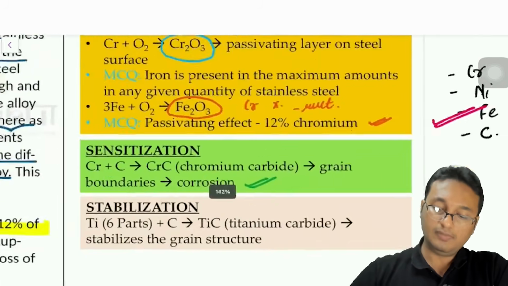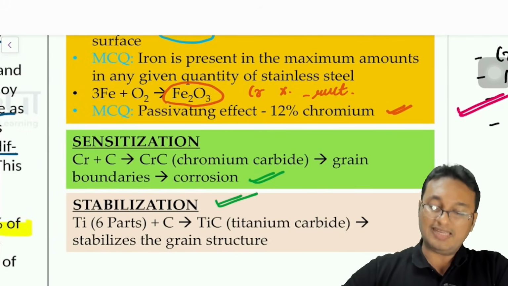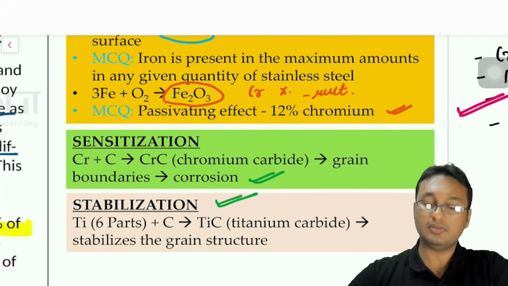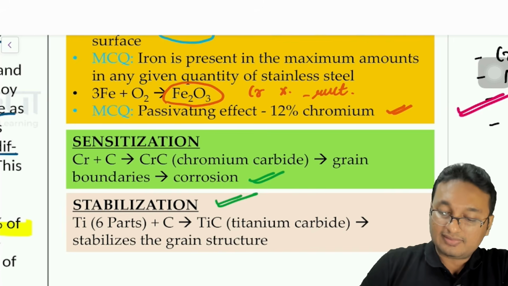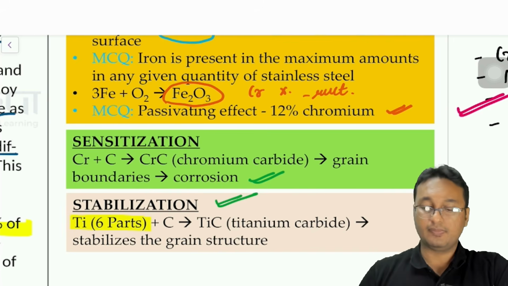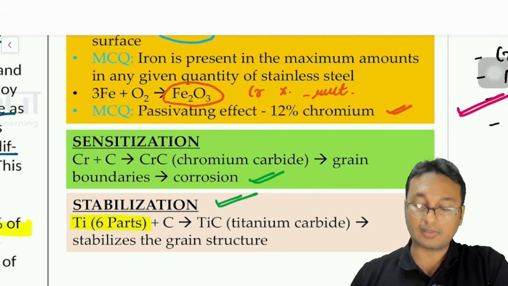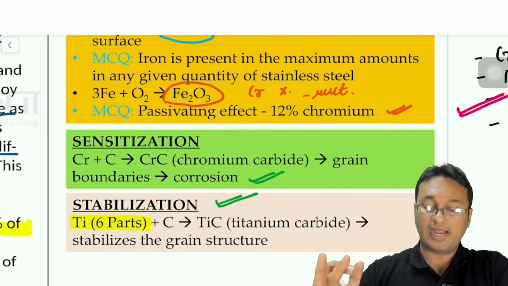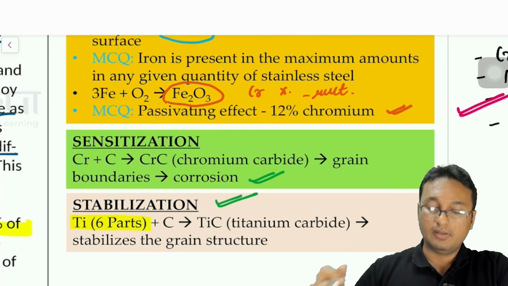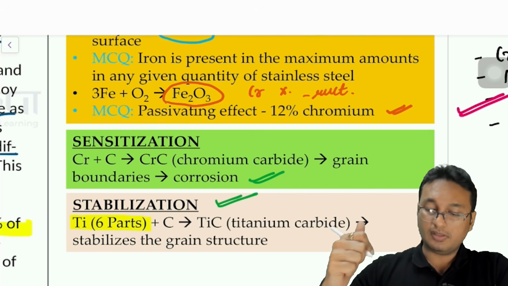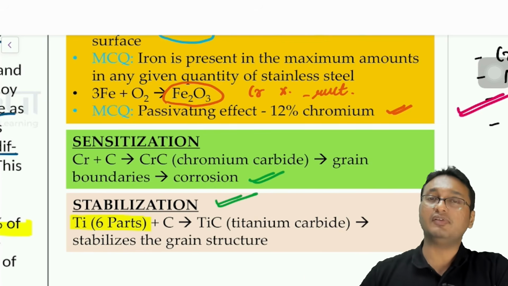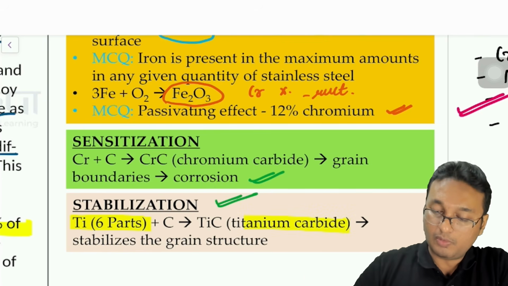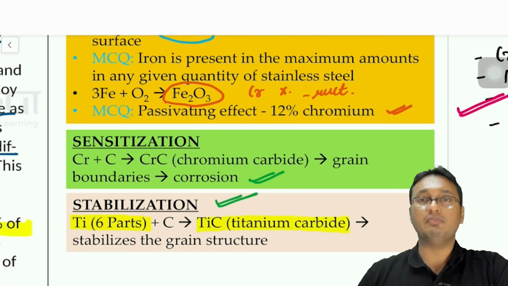What is the solution? The solution is stabilization. Stabilization means we are adding 6 parts of titanium as compared to chromium, because we want selective precipitation of titanium carbide instead of chromium carbide at the grain boundary.